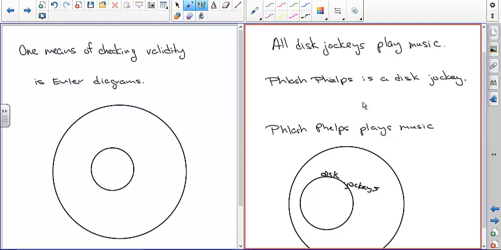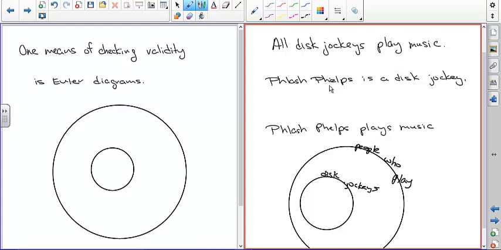And the second part of the premise, play music: the big circle is people who play music. By saying all disc jockeys, that means that this circle has to be inside the bigger circle of people who play music. So I was able to identify both circles by this sentence.